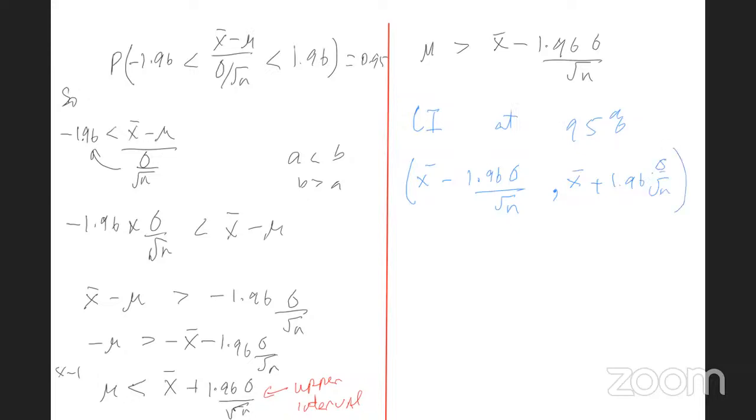So if I ask you to find the confidence interval at 95%, given that you know it's normal and a given variance, that's what you're doing there. That's your formula.